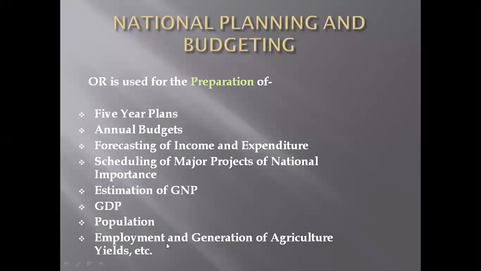Next, estimation of GNP, gross national product. National means within the country. So on average, how much will be invested in gross national product has to be estimated, and even gross domestic product. National product here specifies that the obtained or manufactured goods will be circulated within the country.